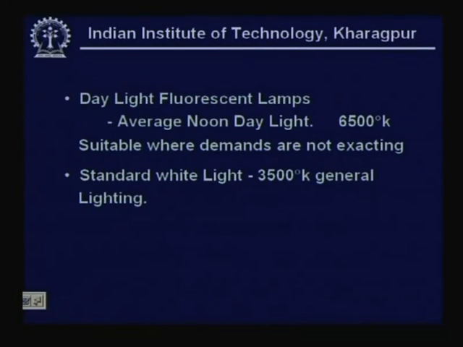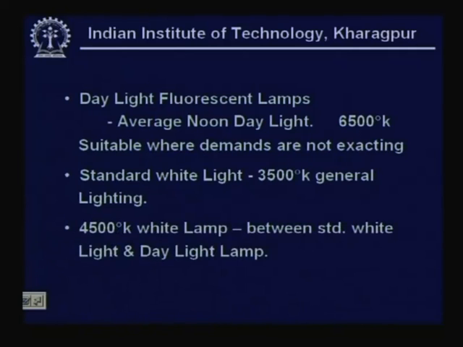As against this, we have a standard white light. In fact, most of us are using standard white light lamps very commonly, which has a color temperature of 3500 degree. This is employed for general lighting. Then there is a lamp which has a color temperature between a standard white light and daylight lamp, which is around 4500 degree.